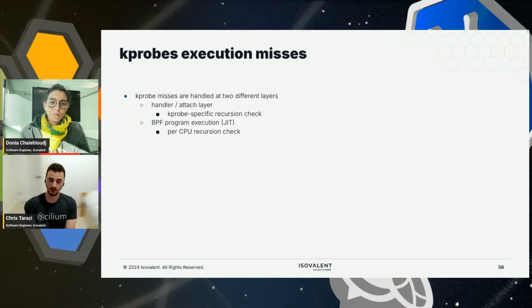The other layer is the actual BPF program execution layer, where your program executes as the JITted instructions. At this layer, the BPF program's mutual exclusion on execution is handled, and that checks whether there's only one BPF program executing on the same CPU at a time.